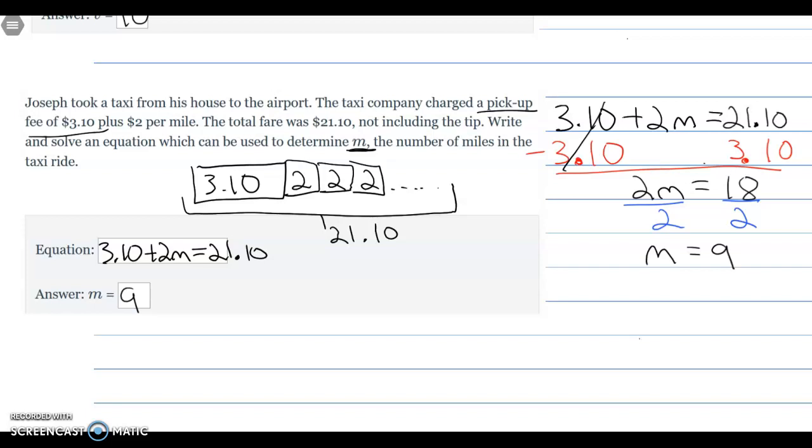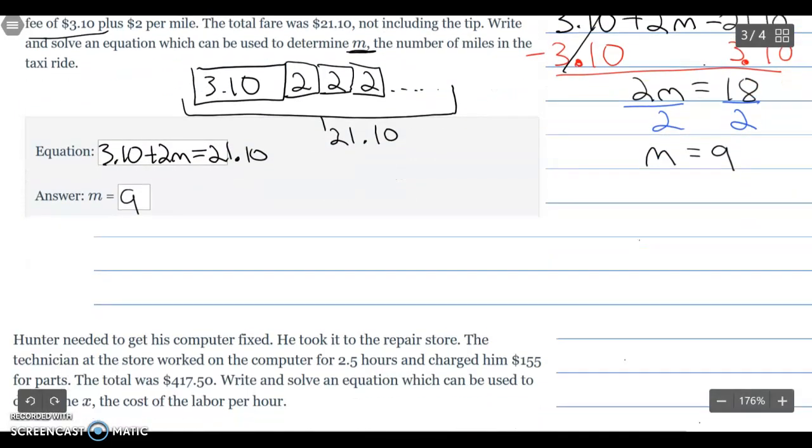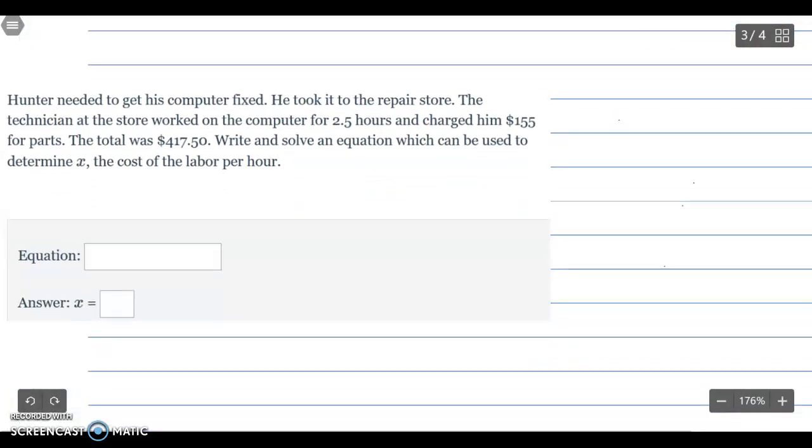All right, so this is doing a word problem using the tape diagram to break it down so it's easier to figure out what's what. All right, go ahead and pause the video here and see if you can solve this one.